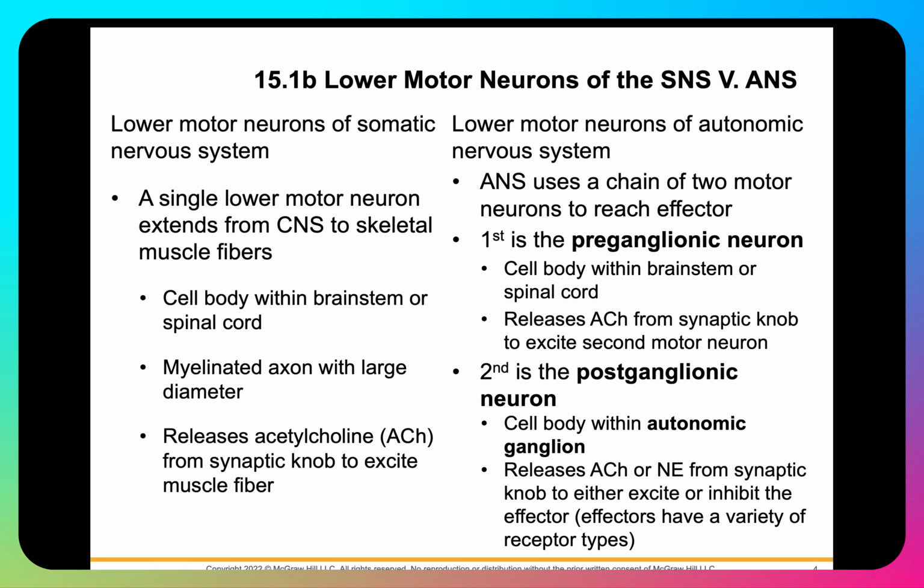Here, when we talk about ganglion, remember that is a term for a cell body. So the cell body here is within the autonomic nervous system, and this is going to release acetylcholine or norepinephrine, epinephrine based on the branch of the autonomic nervous system, and the impact will be excitatory or inhibitory based on the receptor.